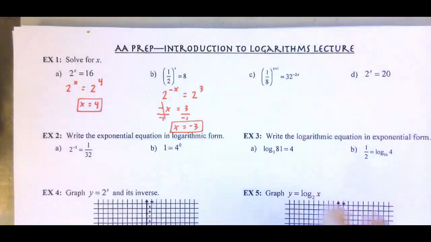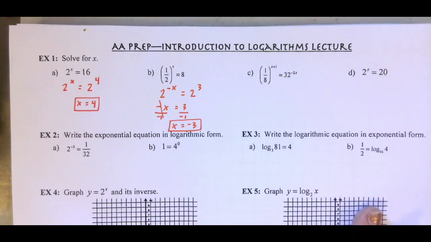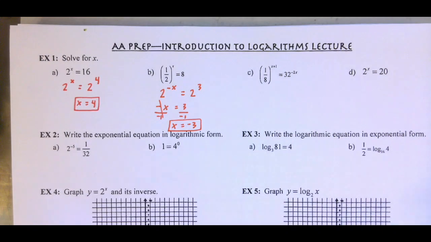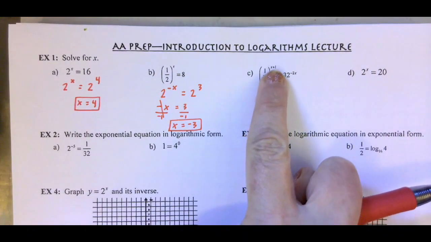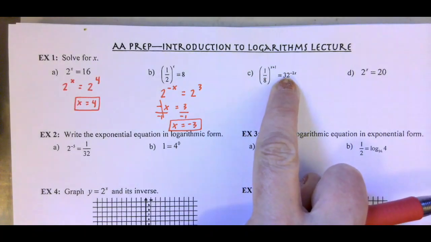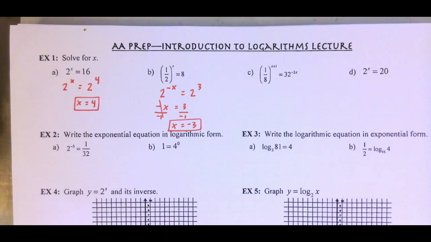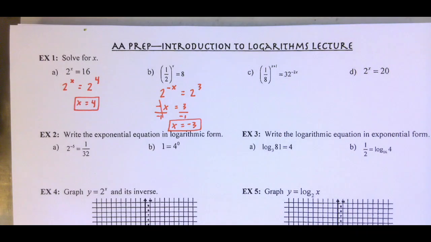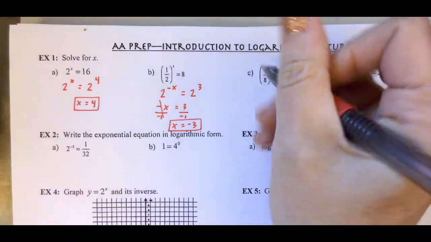So I see that I can solve for a missing exponent when I can make my bases match, when they're powers of the same thing. So if we try this one now, I see 1/8 to the power of x plus 1 and 32 to the power of negative 2x. Well, these are both powers of 2. 1/8 is 2 to the negative third power.